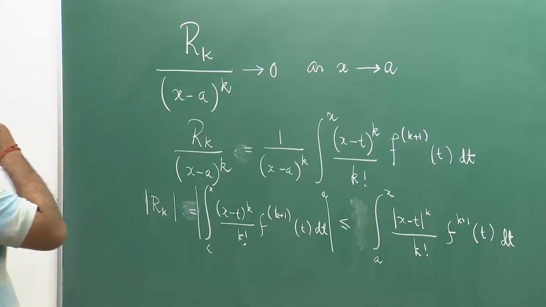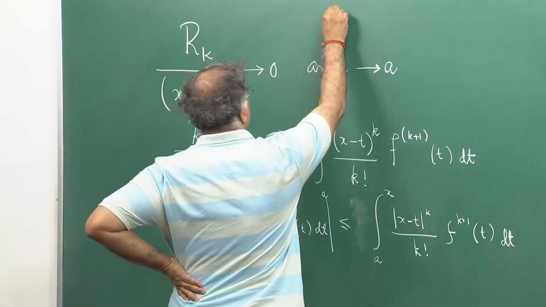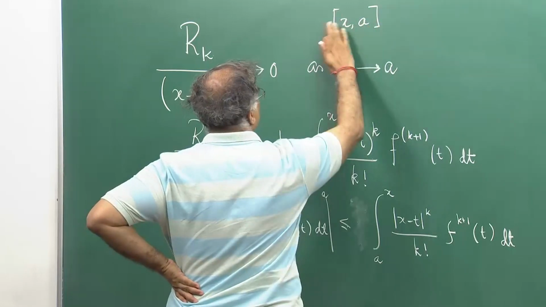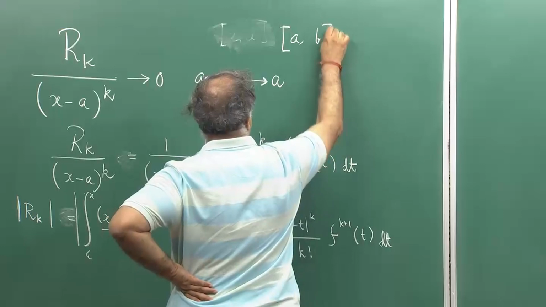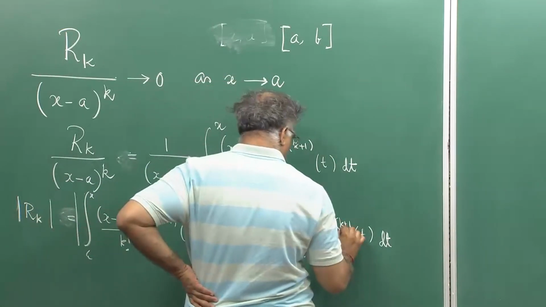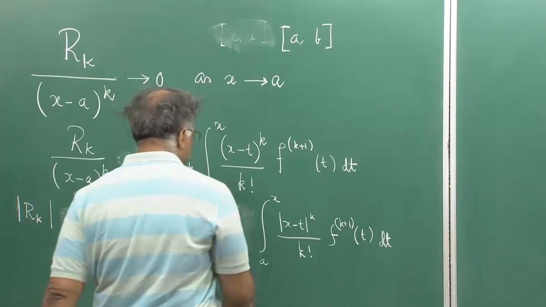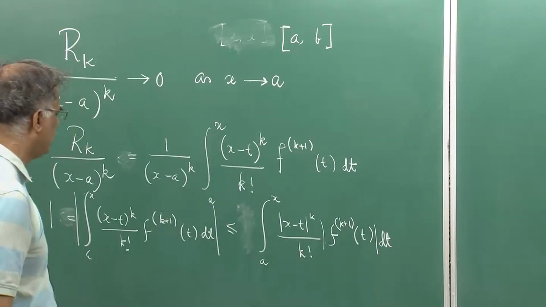Now, in most cases we consider this expansion on an interval, say the interval a to b. If the (k+1)th derivative is assumed continuous, it is bounded in this interval by the standard Weierstrass theorem.